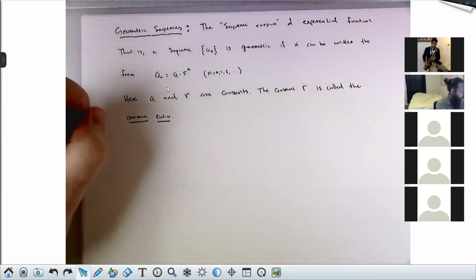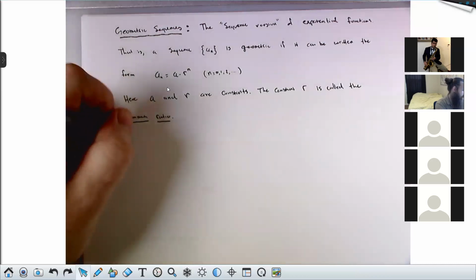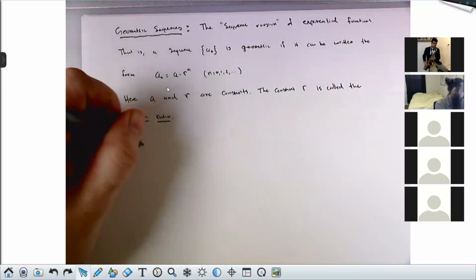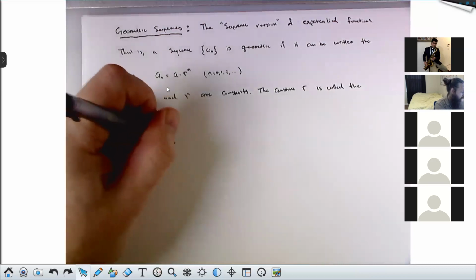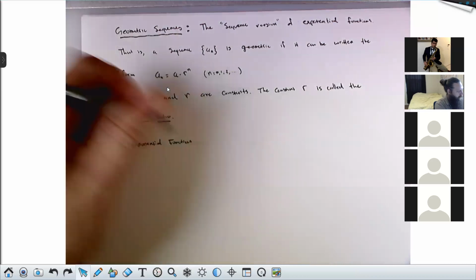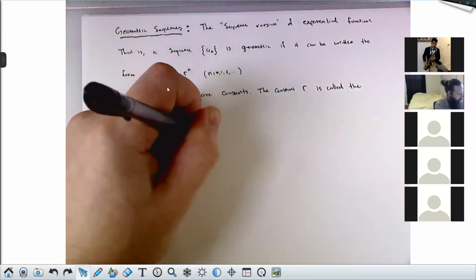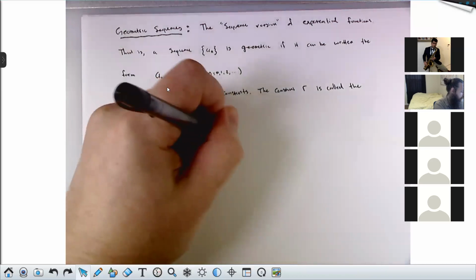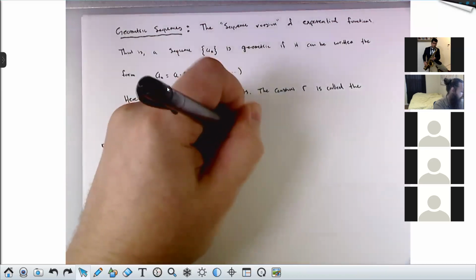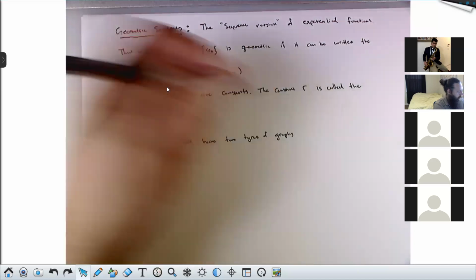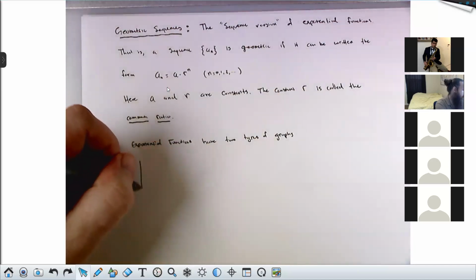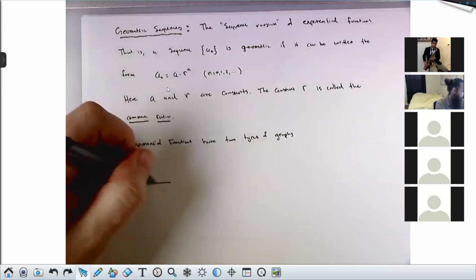So maybe what I'll say here for a second is recall exponential functions have two types of graphs, according to whether they are growing or decaying.